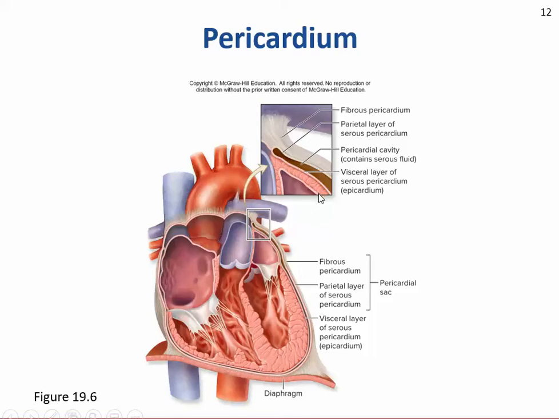And then there is a simple squamous epithelial layer here on the inside lining the chambers, and that's called the endocardium. Endo means inside, so inside the heart, myocardium, muscle of heart, epicardium on the heart, pericardium around the heart.